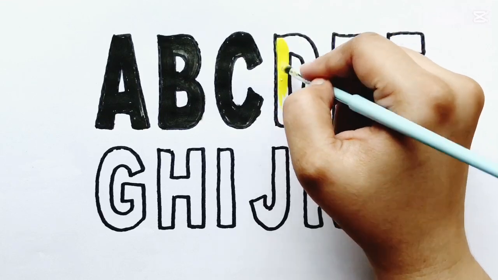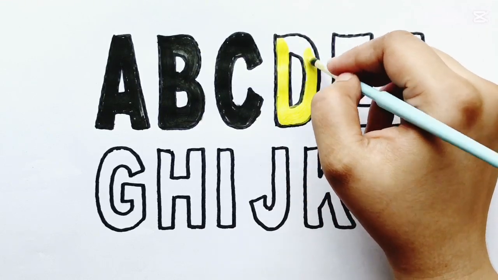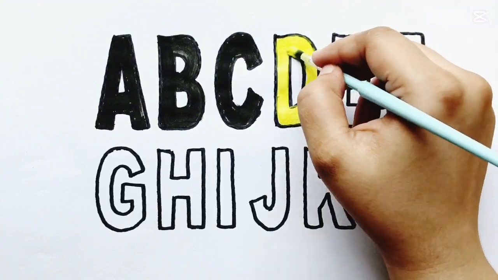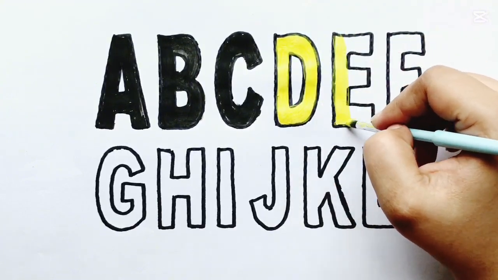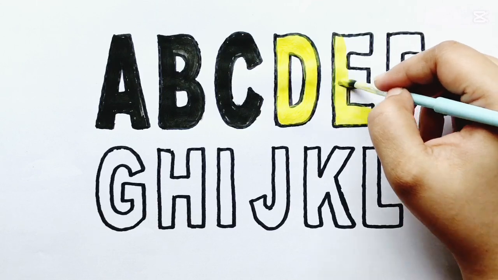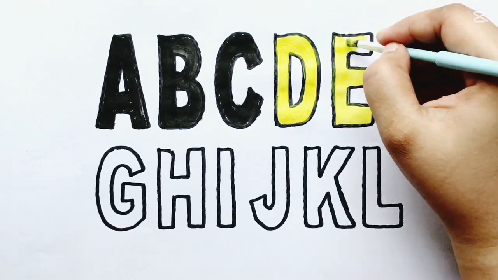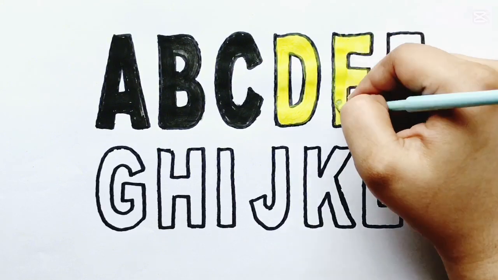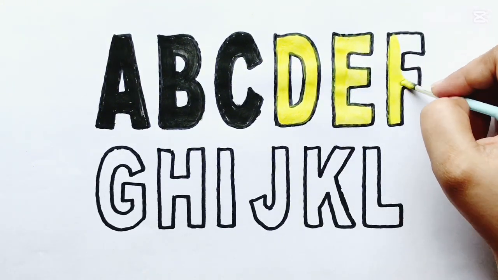Yellow color. D for dolphin. E for elephant. F for frog.